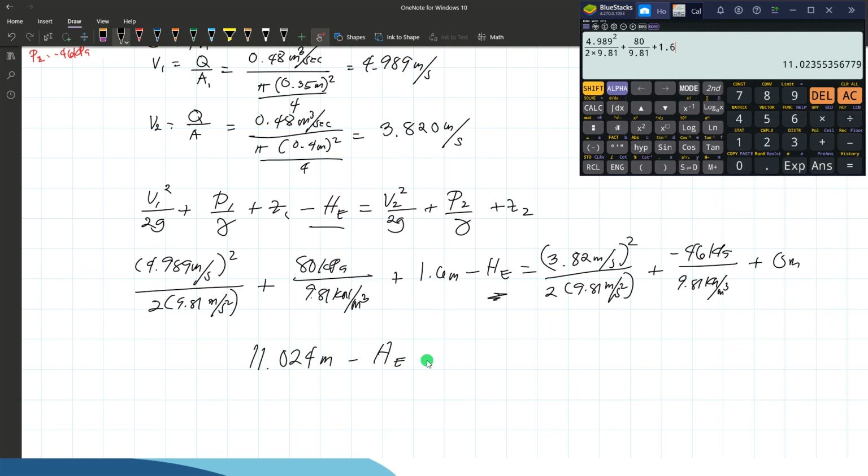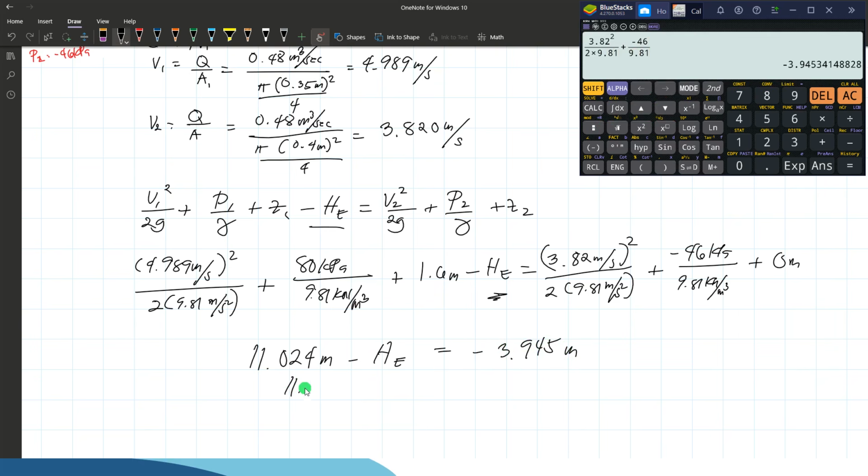Minus HT equals 3.82 squared over 2g plus negative 46 over 9.81, which is negative 3.945 meters.